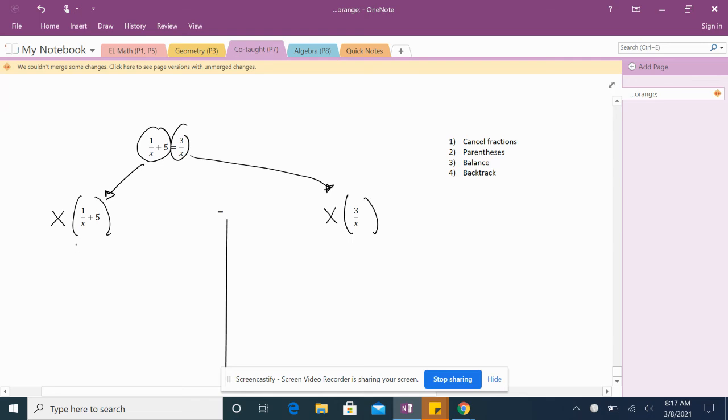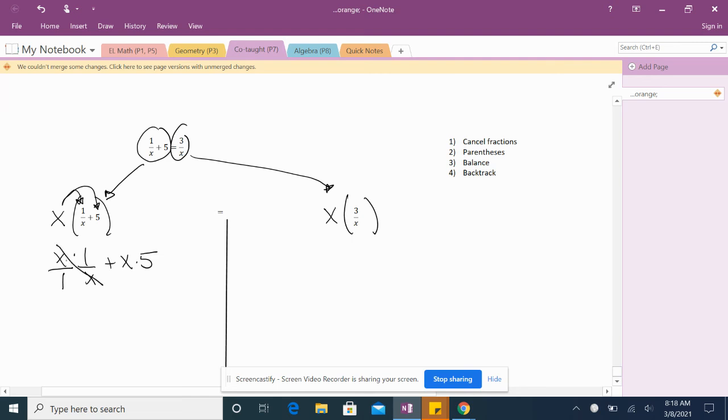So x times 1 over x, plus x times 5. And I can put a 1 below the x because nothing exists.